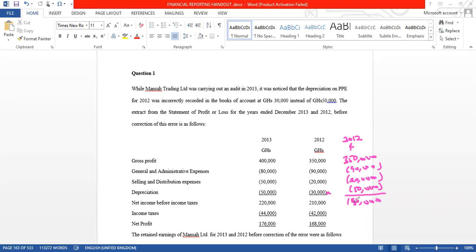Okay. So that is that. Which will end up having what will be our tax thereon. If you are going to apply our tax of 20%, it is actually 38,000. So it means that the error has even affected our tax. There is an overstatement here.